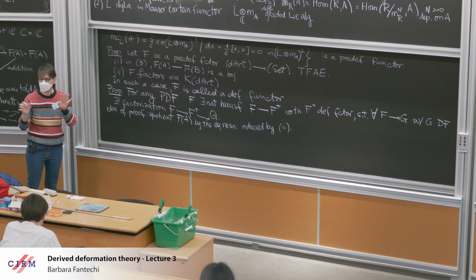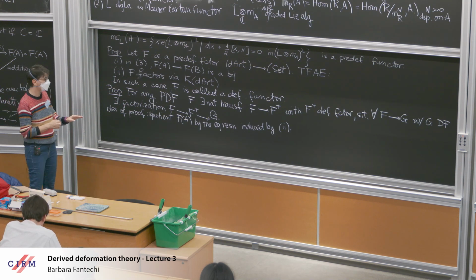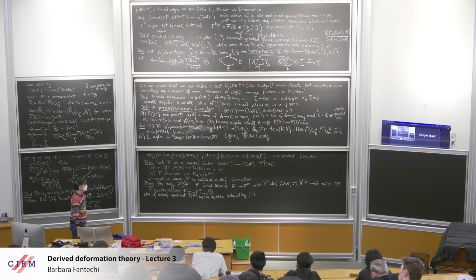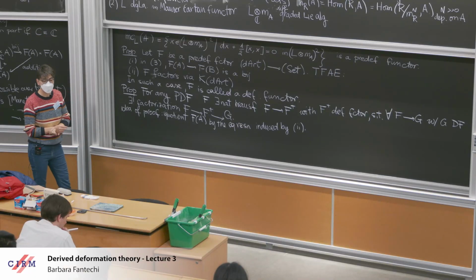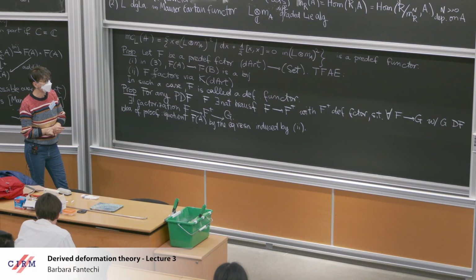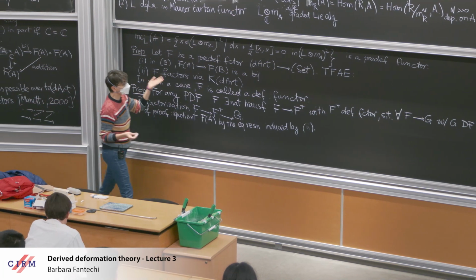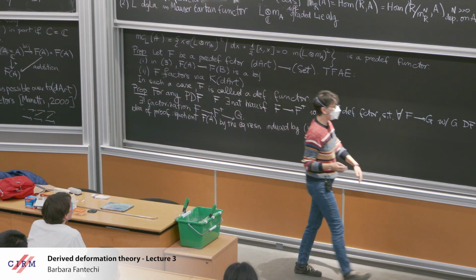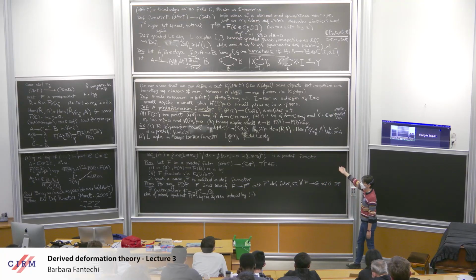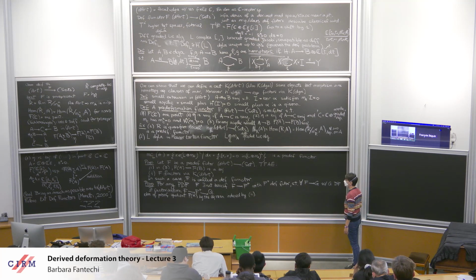I mean, this might be obvious to a lot of you, but this is not obvious to me, and so I say it. Okay, so if you have something which is close to being a deformation factor, there is a natural way to make it into a deformation factor. And you could ask yourself, well, what about the two examples we just gave? Can we describe the associated deformation factors? And indeed, we can.